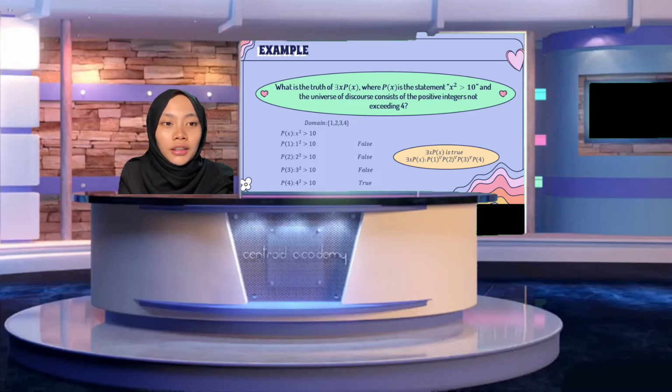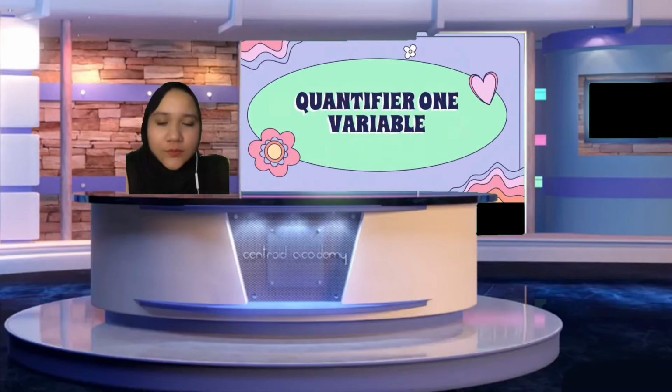Now, what happened in case of P(2)? This will be 2 squared greater than 10. This is also false because 2 squared is 4, and 4 is not greater than 10. Next, P(3) is also false because 3 squared is not greater than 10. In case of P(4), this will be 4 squared greater than 10, which is true. So this statement will be true.